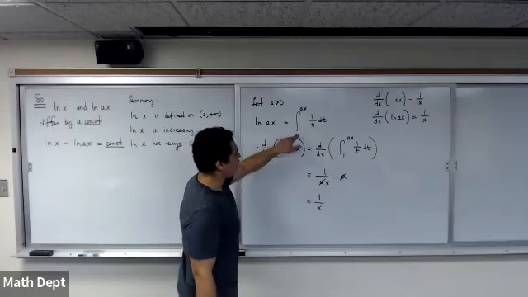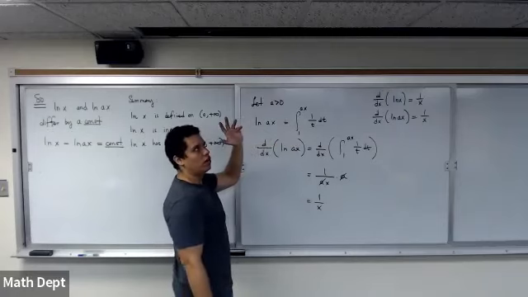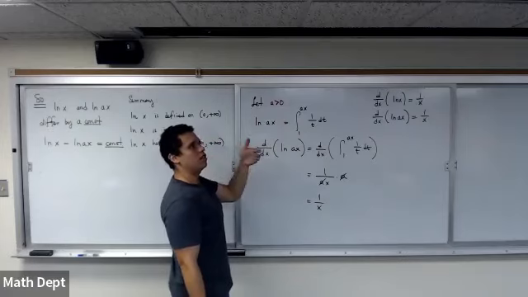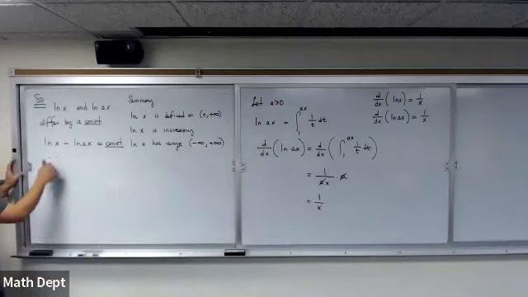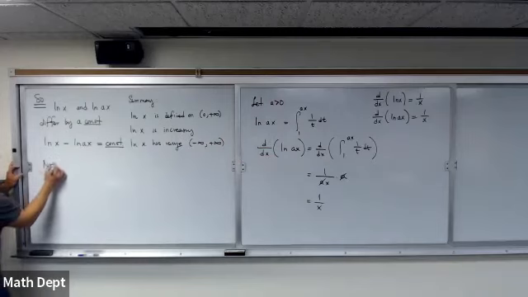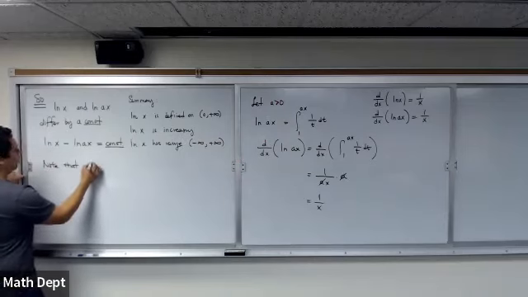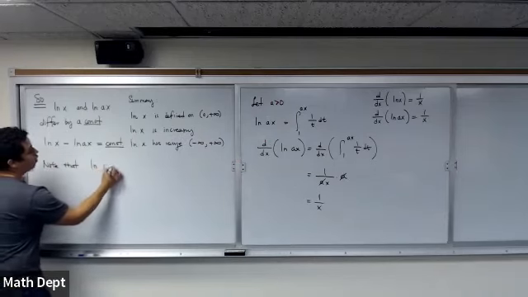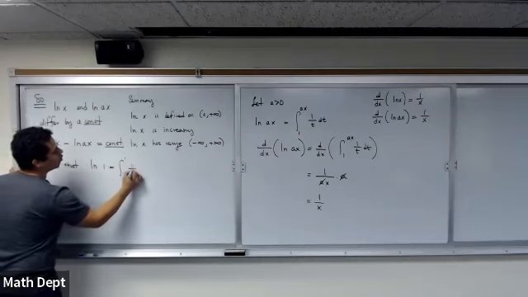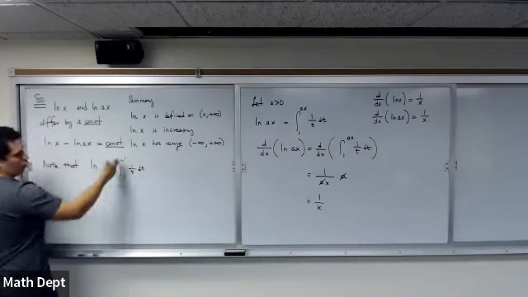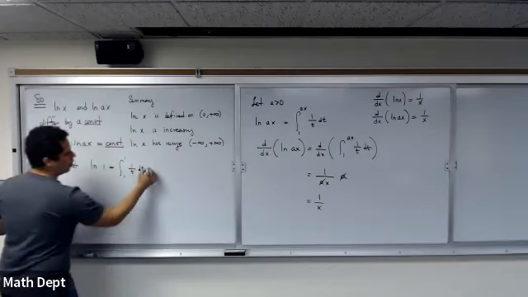Why? Because it would be the integral from 1 to 1. Well, what is that? That is 0. But let's state it over here. Note that ln of 1, by definition, is the integral from 1 to 1 of 1 over t dt. But look, this is just a point. It defines no area, so this is equal to 0.